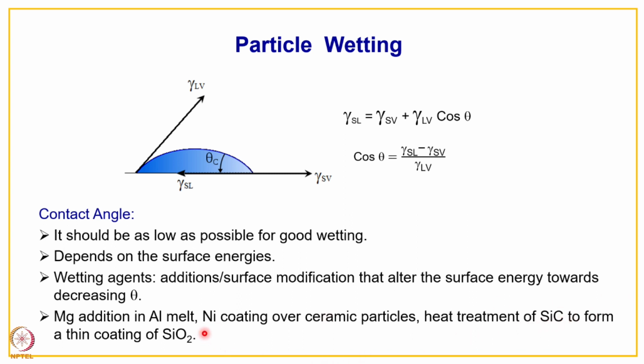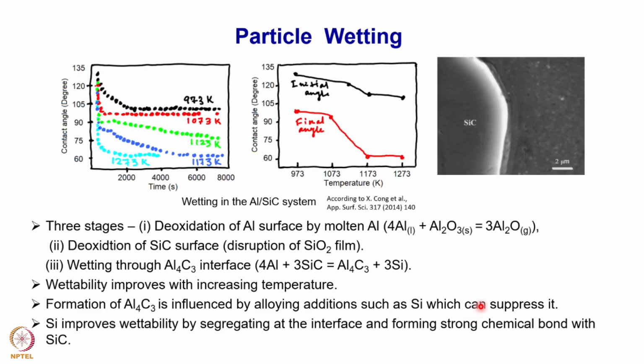So if you form a coating of SiO2 on silicon carbide particles, you can improve upon the wetting, or you can decrease the contact angle. Okay. And these are some of the experimental results in which people have shown the effect of temperature and its correlation with the contact angle.